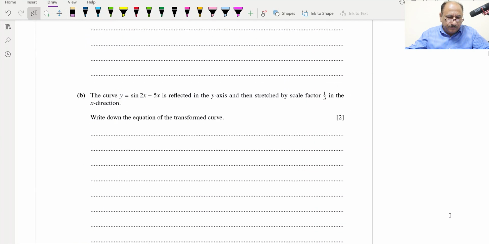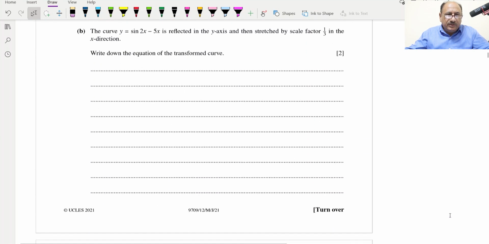Hopefully you understood this. Now part B says the curve y is equal to sin 2x minus 5x is reflected in the y-axis and then stretched by scale factor 1 by 3 in the x direction. Write down the equation of the transformed curve.